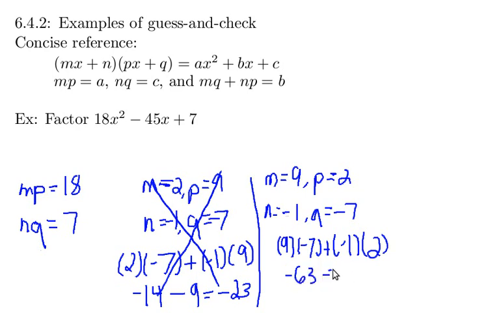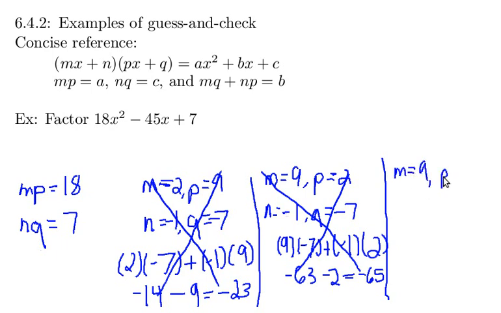This is going to be minus 2. So we're going to have minus 65. So this does not work. Let's see if I can squeeze another trial right over here. So let's try switching these two out then. So M equals 9, P equals 2, N equals negative 7, and Q equals negative 1.